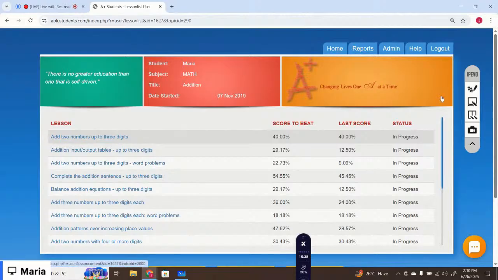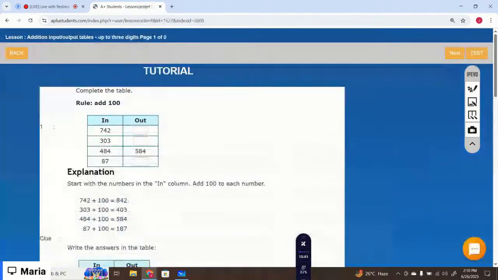The next lesson is addition input-output tables up to 3 digit numbers. Complete the table.